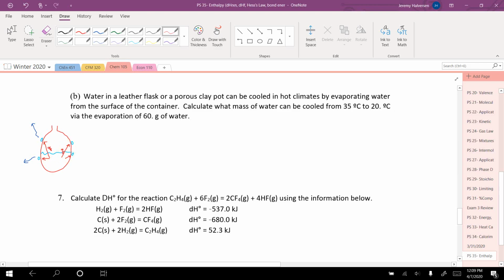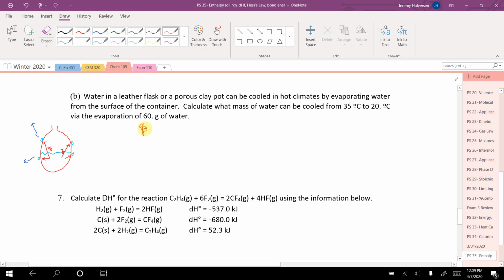That will cool down the water on the inside. Calculate what mass of water can be cooled from 35 to 20 by the evaporation of 60 grams of water. So we've got heat transferring between two things.